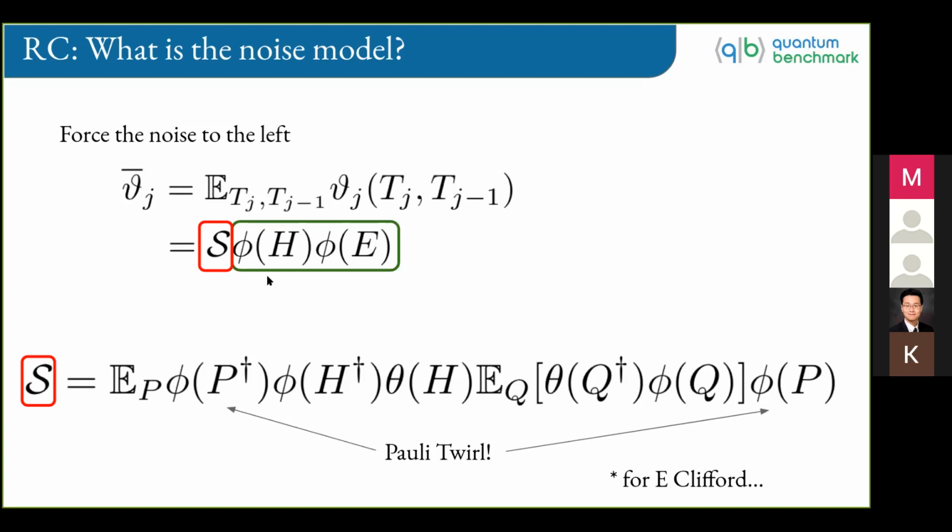And I can write this hard cycle as the perfect implementation of the hard cycle, which you remember is represented by phi, and the perfect implementation of my easy cycle times some error matrix, right? And the nice thing is that this error matrix is polytwirled, which means that it's diagonal in the Pauli basis. And so I get these nice properties, and I'm able to measure this in ways that I'm about to describe.